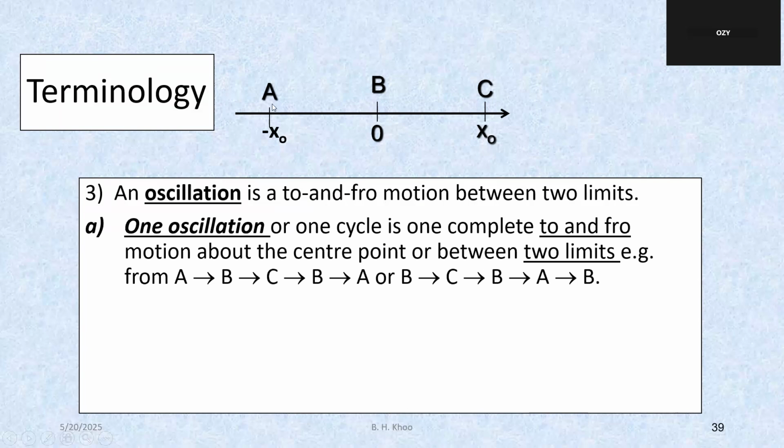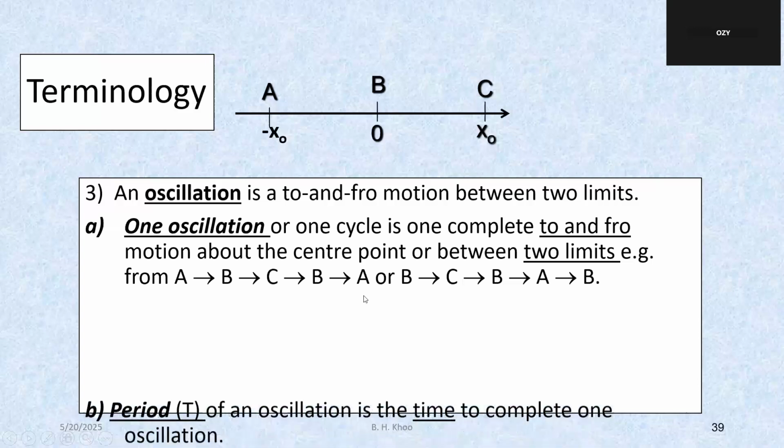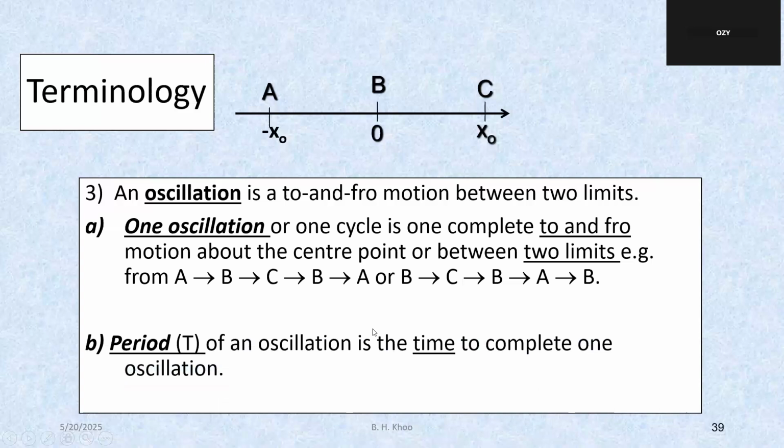So you start from A, you go to B, you go to C, come back to B, go back to A. That's one oscillation. Or if you start from B, it goes to C, goes to B, goes to A, and comes back to B. That's one oscillation.